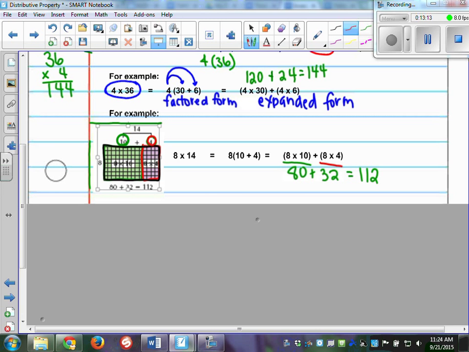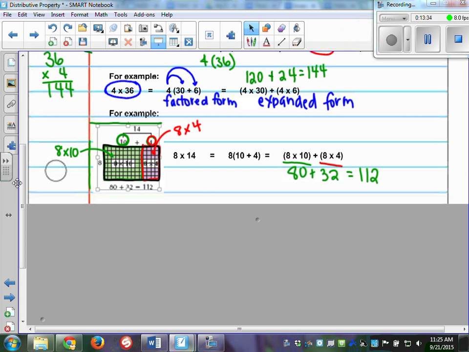The portion inside the bigger rectangle here is 8 times 10. Okay? The portion in the smaller rectangle right here is 8 times 4.